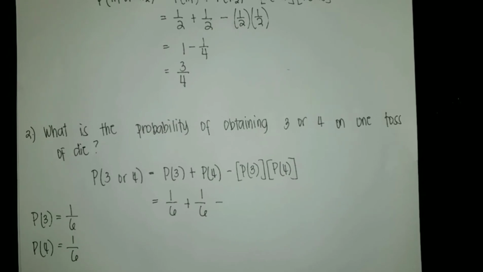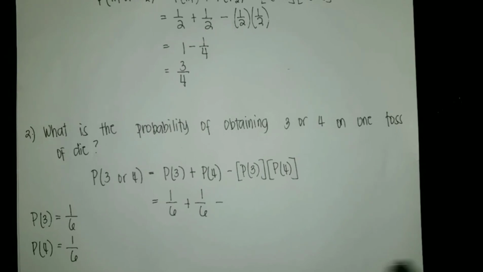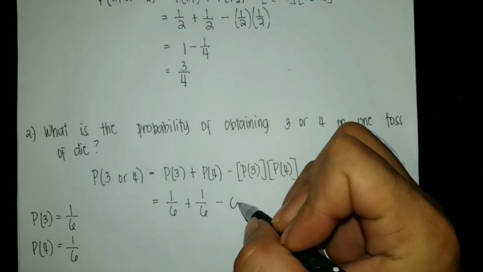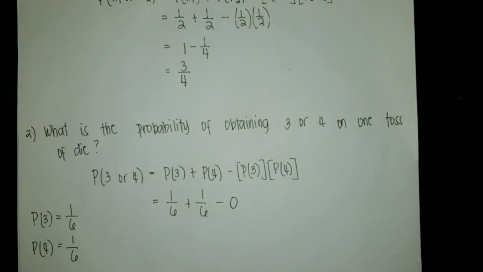That is, if one event happens, the other event cannot happen. Therefore, the probability of 3 and 4 will be 0 because it is impossible for us to obtain 3 and 4 in a single toss of a die. So that will be 0.